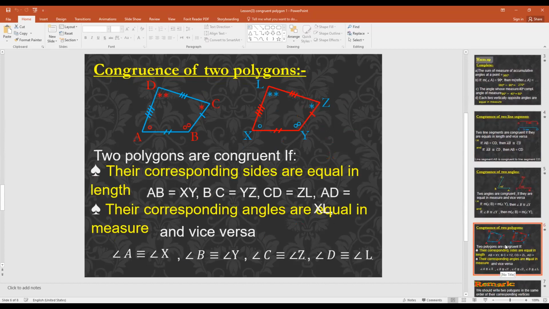And we studied the congruence of the two polygons, and we say that the two polygons are congruent if their corresponding sides are equal in length and their corresponding angles are equal in measure.